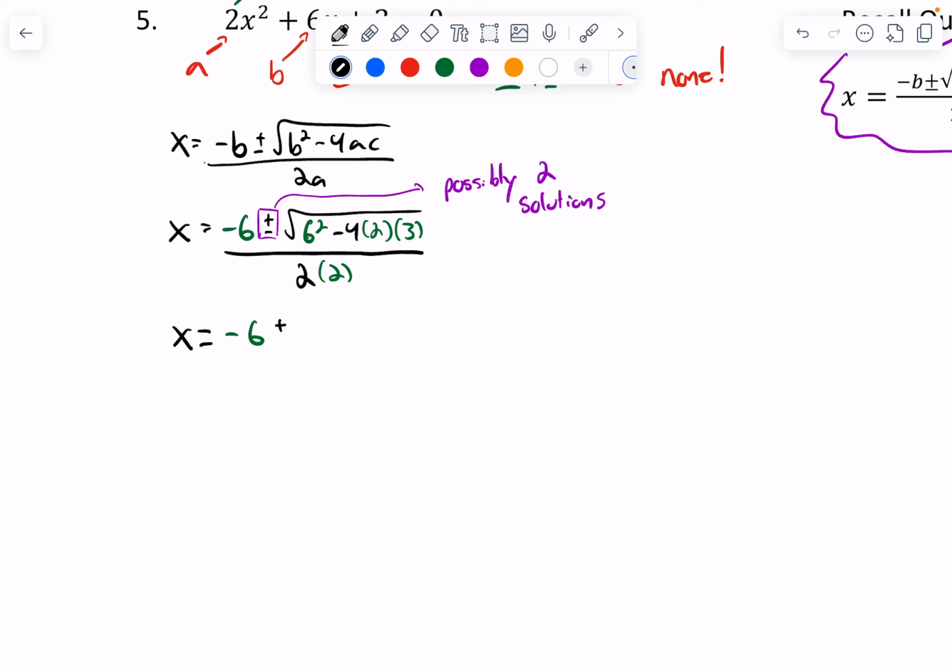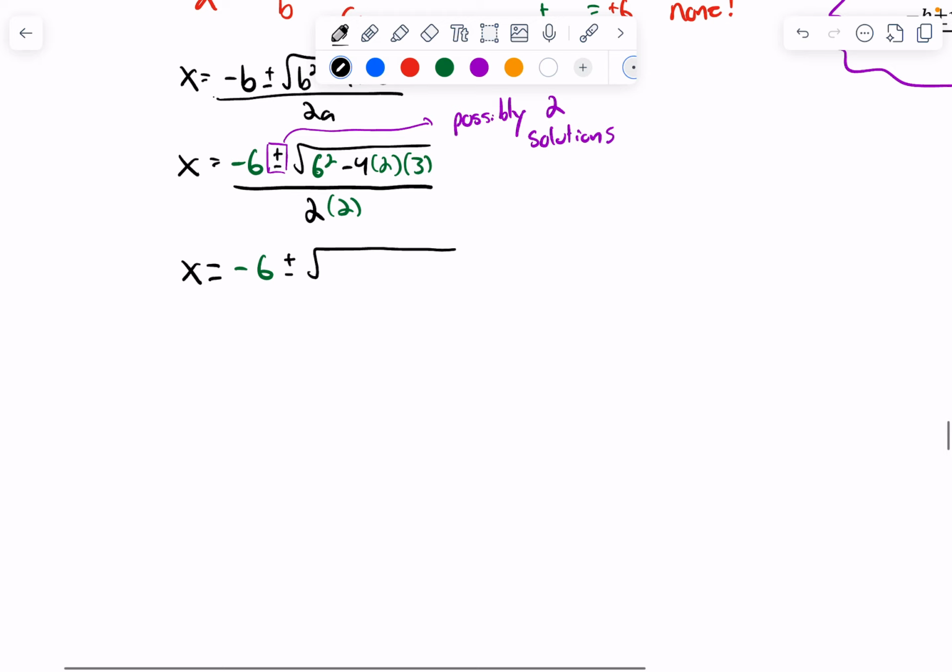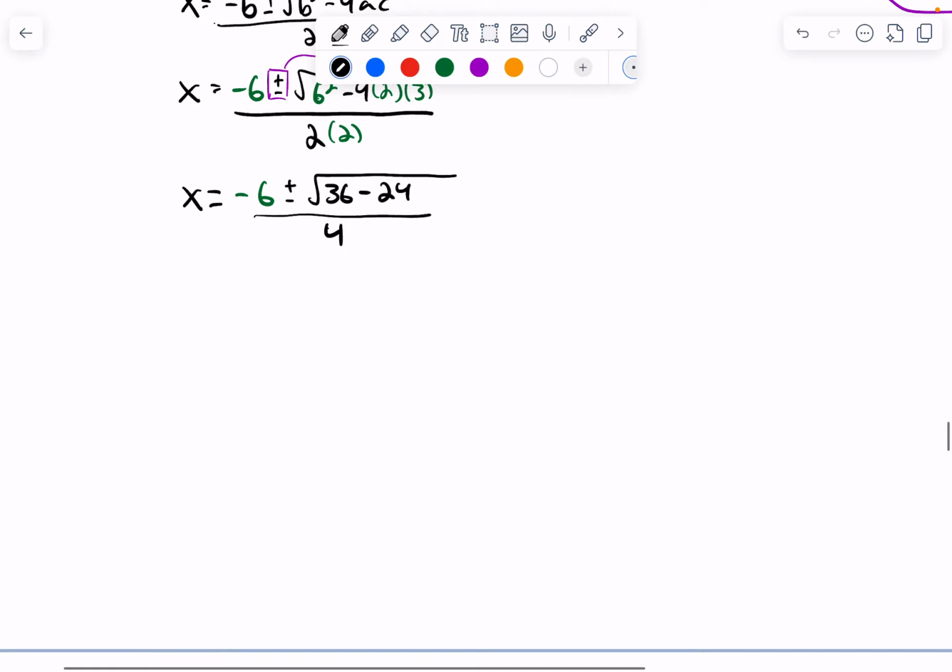So let's go back. Minus 6 plus or minus the square root. Let's clean up the square root there. That's 36, 6 squared, minus 4 times 2 is 8, times 3 is 24. And that's all being divided by 2 times 2, which is 4. So we get x equals minus 6 plus or minus the square root of 36 minus 24, which is 12, all over 4.